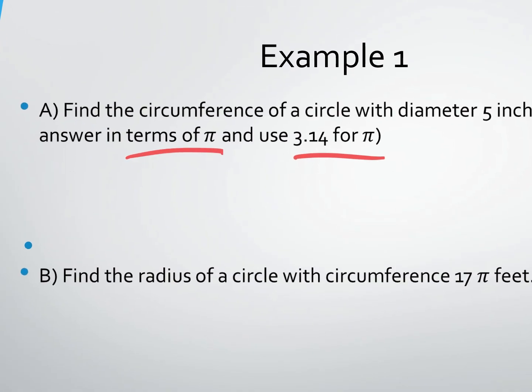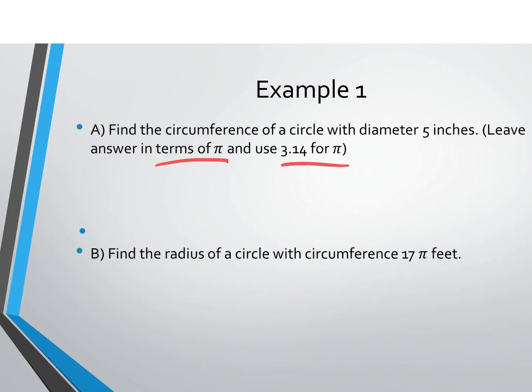So circumference of a circle with diameter. What is the formula for circumference that also involves diameter? Nick? C equals pi times diameter. Very good. So C equals pi times diameter. And what is the diameter for this problem? D equals 5.